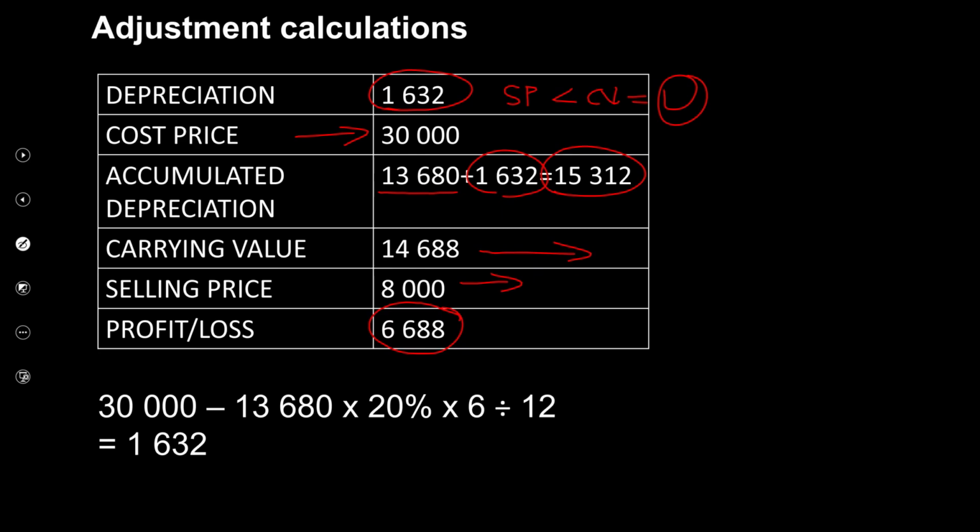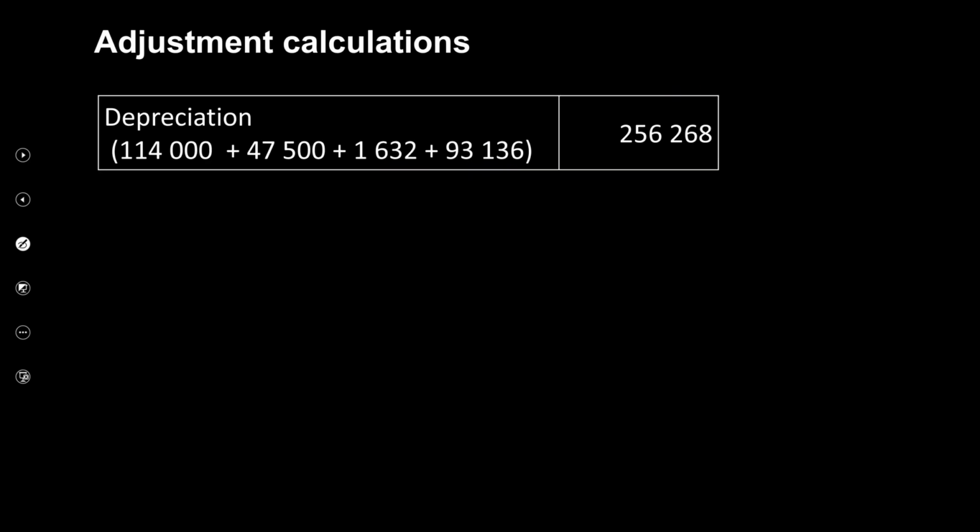Right. Now what do we do? In terms of my depreciation, I take the 114,000 Rand, which I calculated already, plus the 47.5, plus the 1,632, plus the 93,136 to give me total depreciation of 256,268.